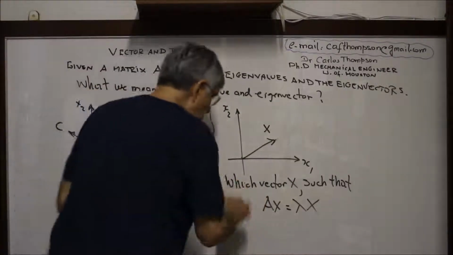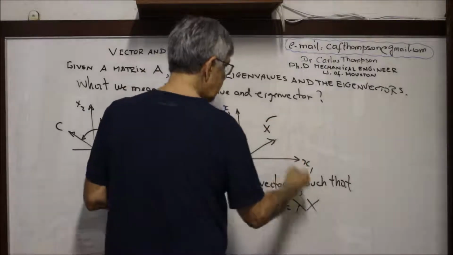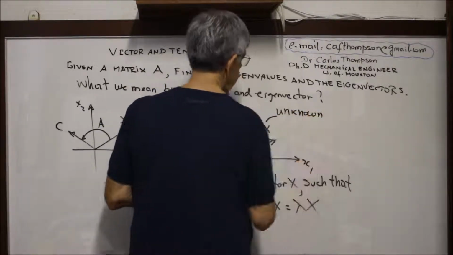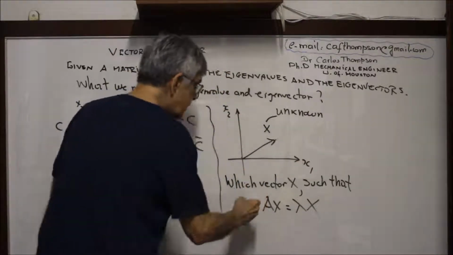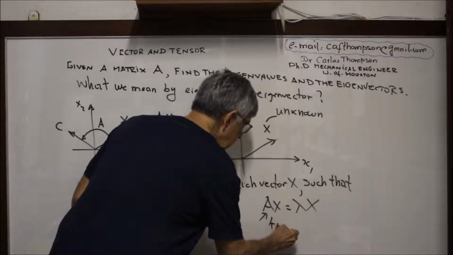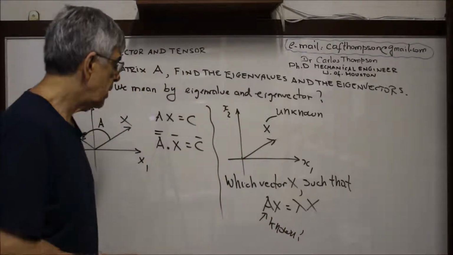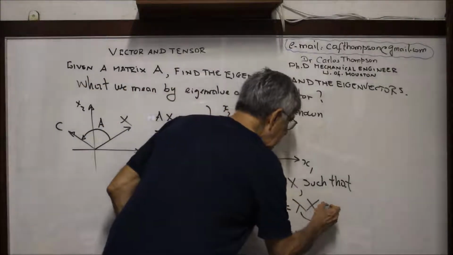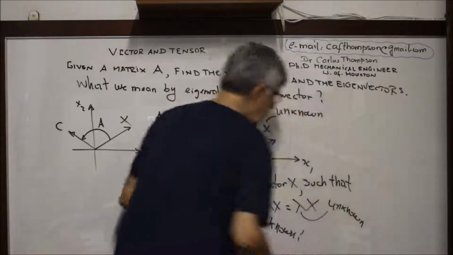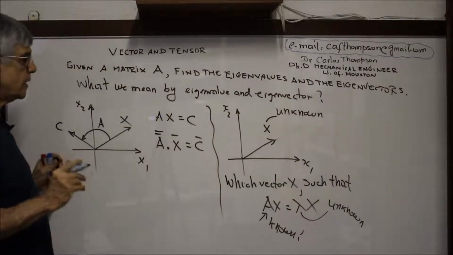See? Now here x is unknown. Now A is given, A is known. A is known and x is unknown. This scalar is unknown. Okay? Now I only know the matrix A.